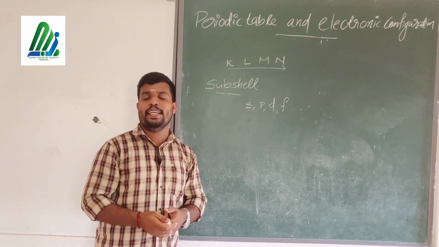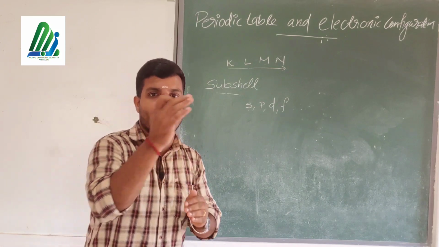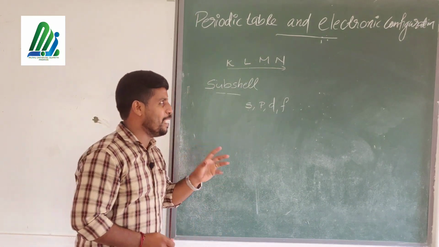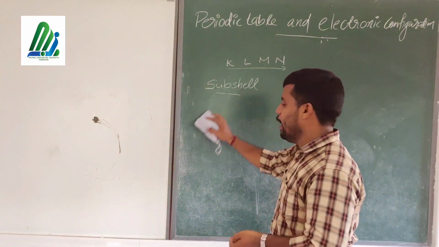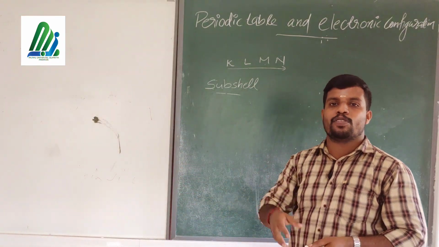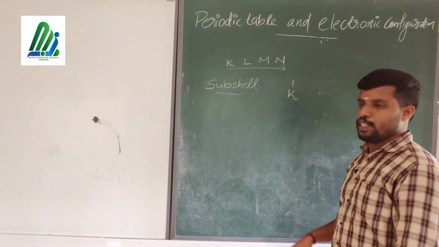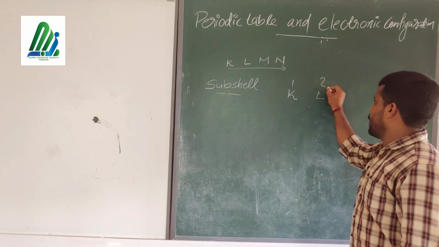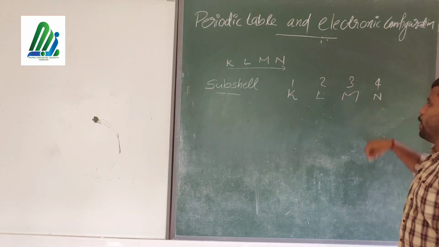You want to know that for each shell, the shell number and the number of subshells are equal. That implies K is the first one, L shell is second, M is the third shell, and N is the fourth one.